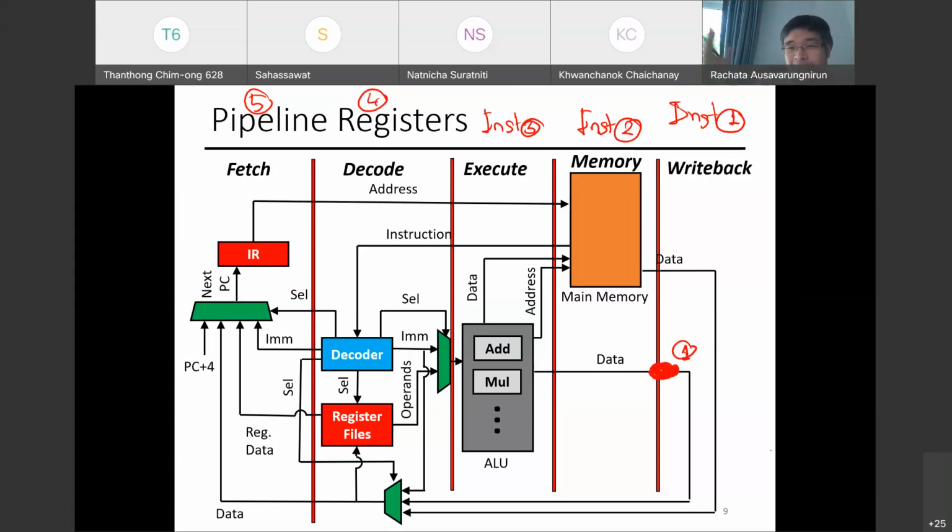It's a buffer, right? So it stores temporary data. Right now it stores the instruction 1 data, because it stores and feeds that data to everything that needs it, right? How about this buffer? Is it for instruction 1? Is it for instruction 2? Is it for instruction 3? The one that is in the memory stage.